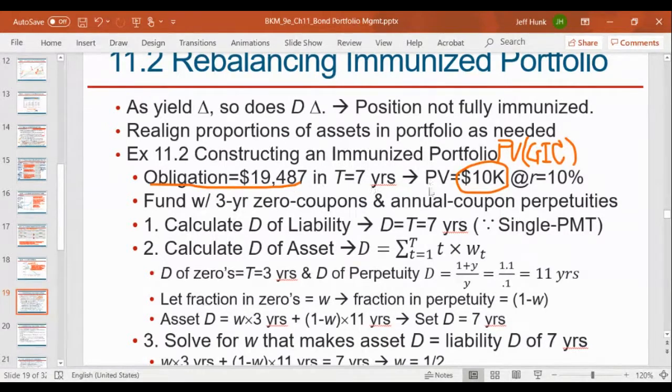So this 10K is exactly the discounted present value of this obligation, which is a zero coupon, a discount bond. So for a zero coupon, duration is the same thing as the maturity. So, 7 years, a single payment, zero coupon.